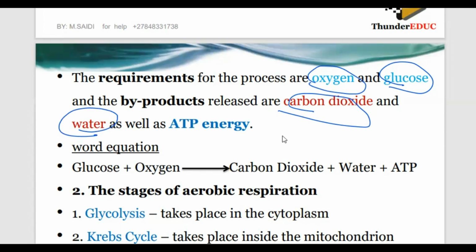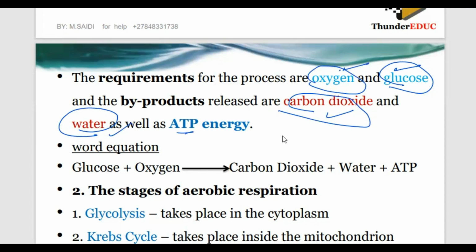But in respiration, you use glucose and oxygen, the products of photosynthesis, and then you produce carbon dioxide and water, and also ATP.